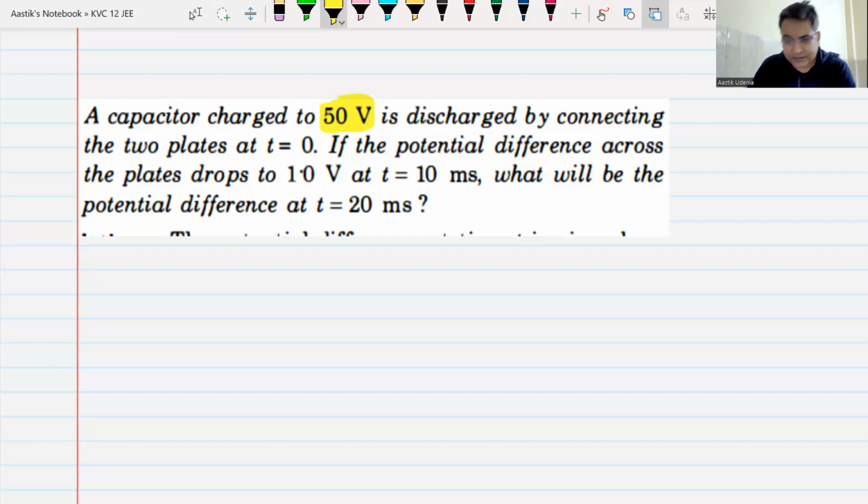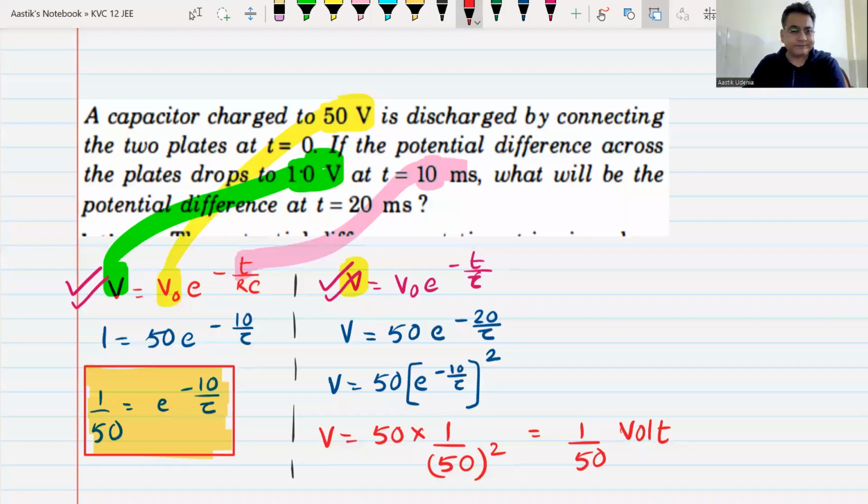Go through the formula and tell me the formula that we have to apply. We have done discharging of capacitors. Please go through them and tell me which formula I need to apply here. Please let me know once you are done.